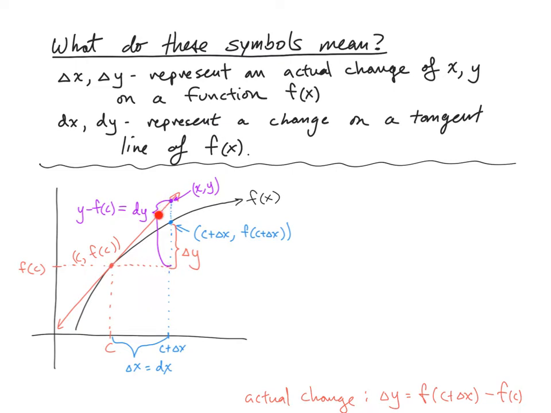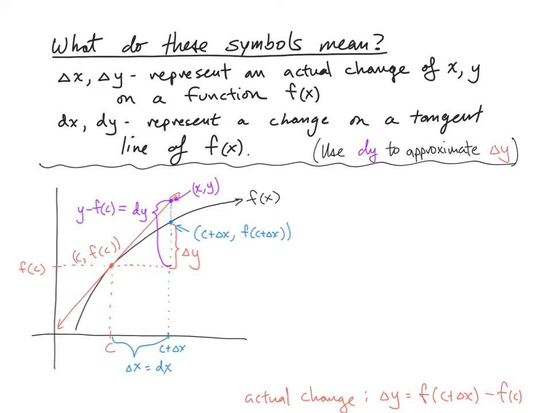And that's what we would call the differential of y, or dy. This is the change, the vertical change from this point to this point on the tangent line. And you can see it's not the same as delta y. But what we will end up doing is we will use dy to approximate delta y.